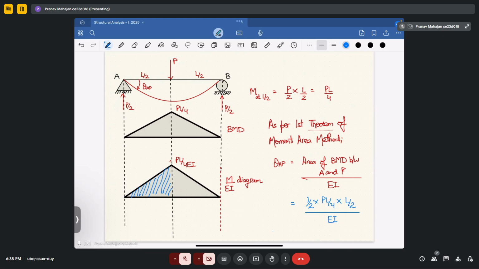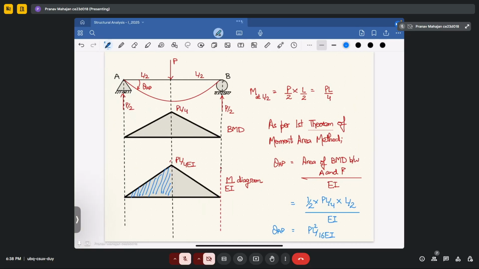That means your theta AP is coming out equal to PL square upon 16 EI. Okay, so this is how we will solve the problem and determine the slope at that one particular point.